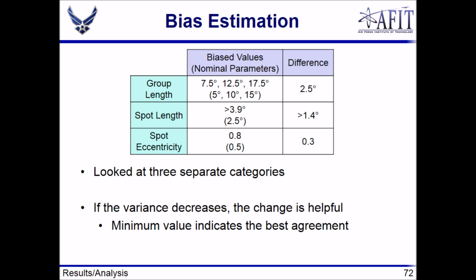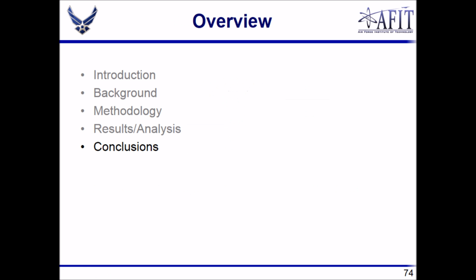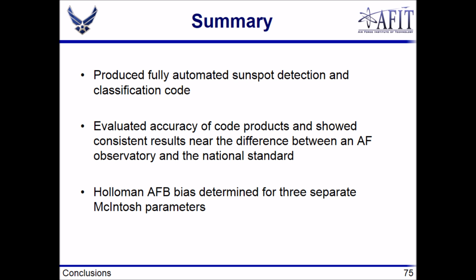And so the result here is that I've essentially used the code that I developed to evaluate the Holloman classification bias, or the bias imposed by the observer in general at Holloman Air Force Base. Okay, so on to slide 75. I want to highlight some of the results here. I've produced a fully automated sunspot detection and classification code.